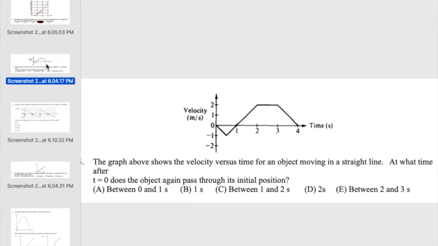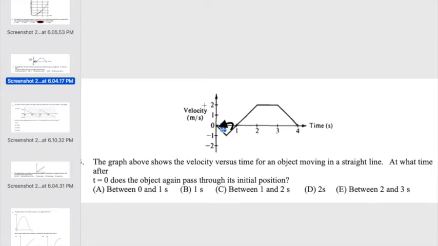Second question here, also an old AP question. We're looking at the displacement of an object here. The question on a VT graph is, when does the object pass through its initial position? And so it starts off at rest, but it quickly accelerates backwards, and so this area right here would represent the displacement backwards.